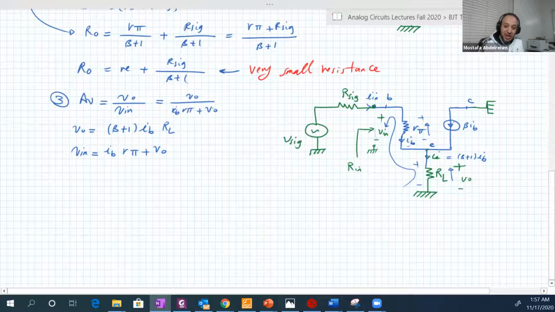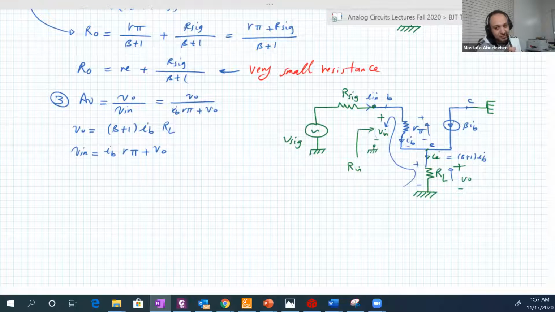And before we continue now, we know that AV is less than 1. So we got enhancement in our input because our input resistance increased. We got enhancement in RO because RO decreased. But till this moment, AV attenuated or reduced. It's less than 1.